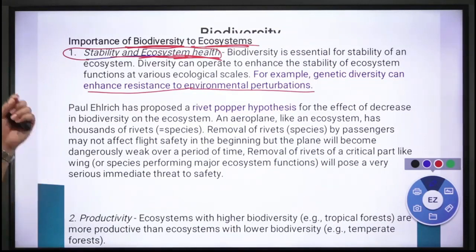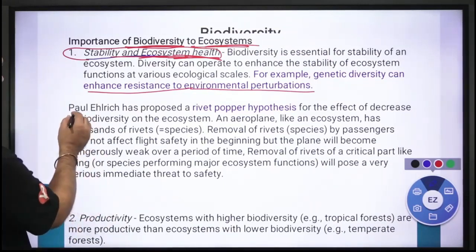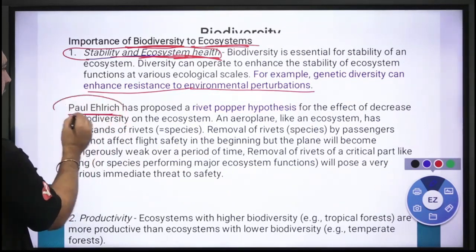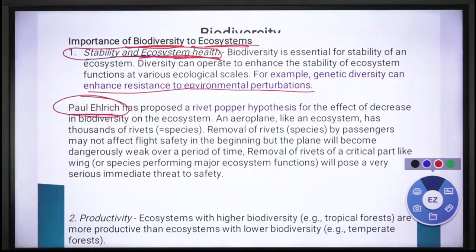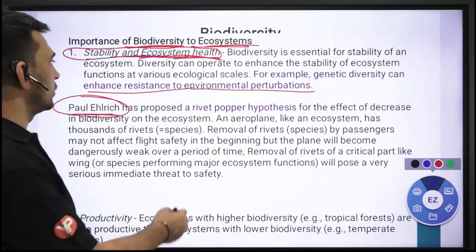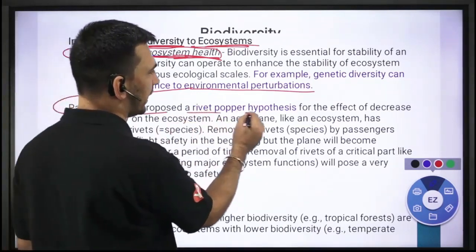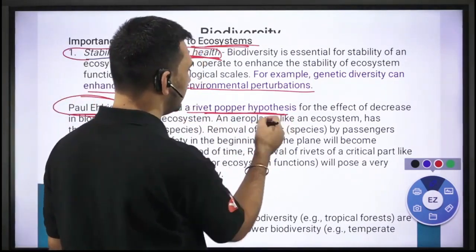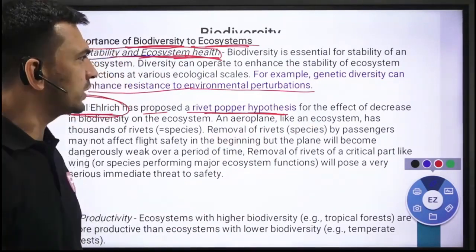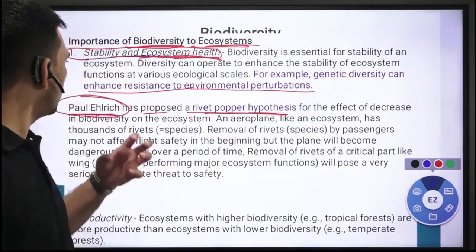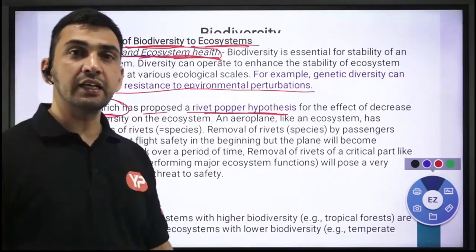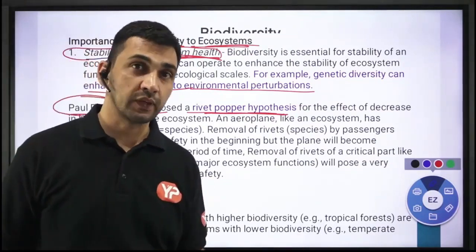अच्छा, इससे related एक model है, even though you don't need to remember it very specifically, but anyway, this is like Paul Ehrlich जो proposed a rivet popper hypothesis, right? कि basically ये rivet popper hypothesis क्या करती है कि ecosystem में जो biodiversity है वो ecosystem को कैसे influence करती है, right?